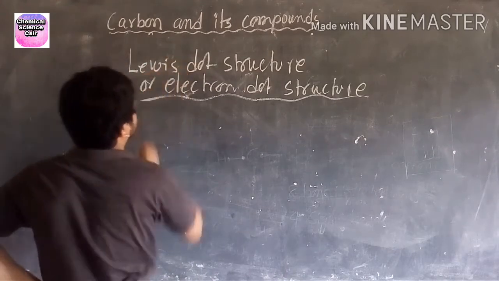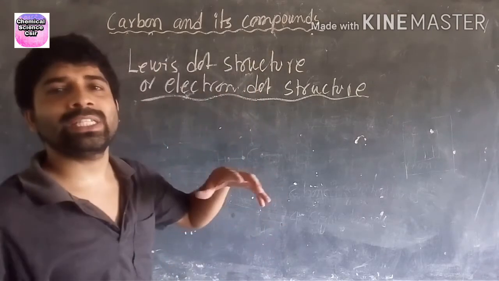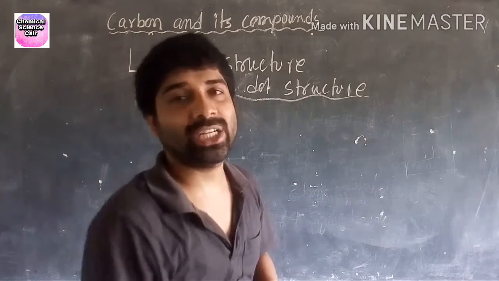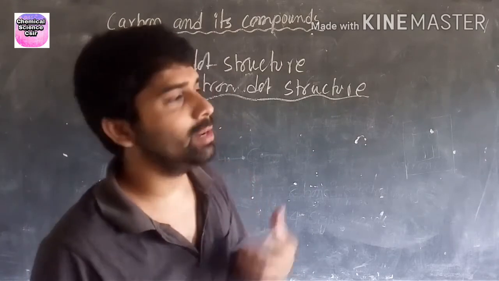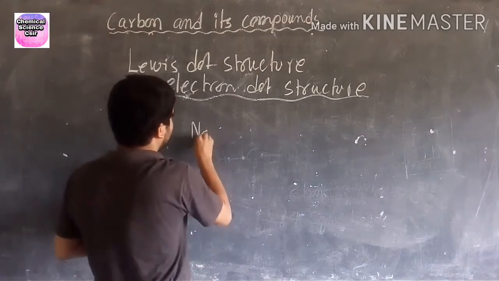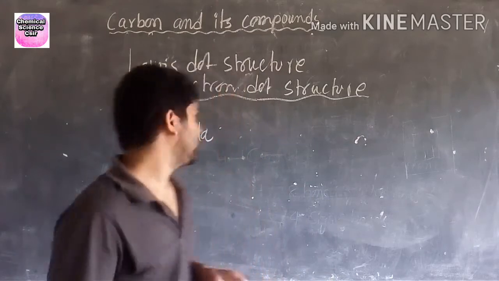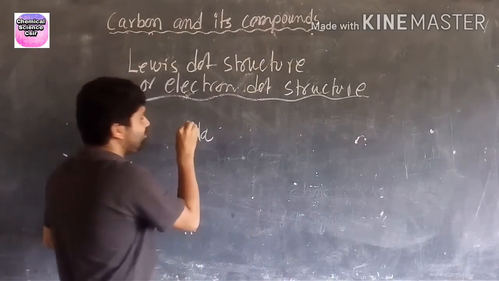Lewis dot structure is nothing but a representation of the outermost electrons. Suppose you have sodium. The atomic number of sodium is 11.